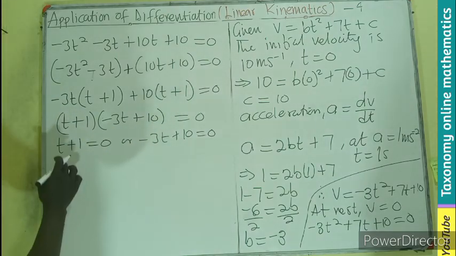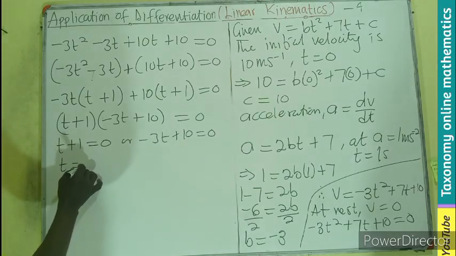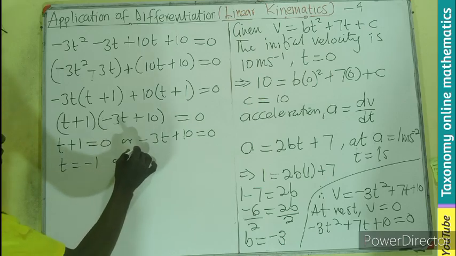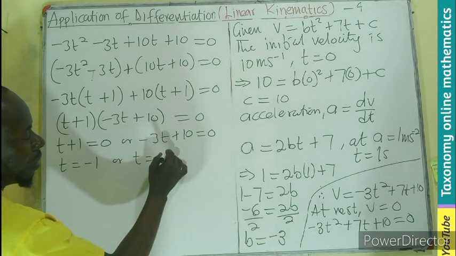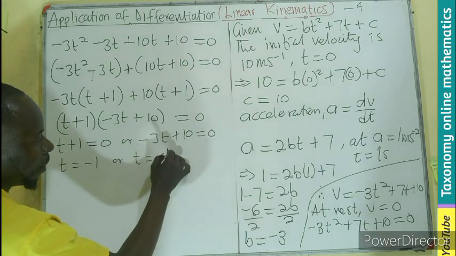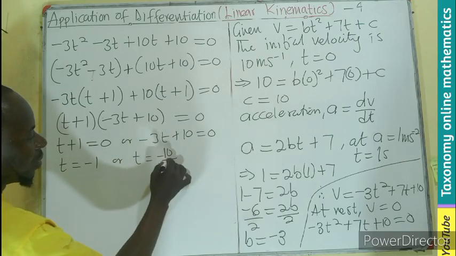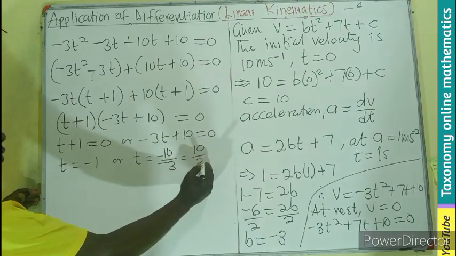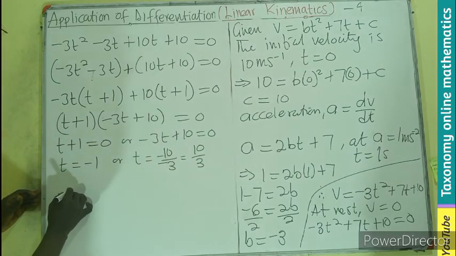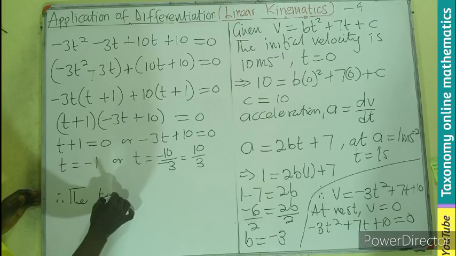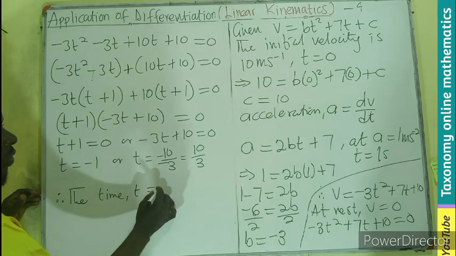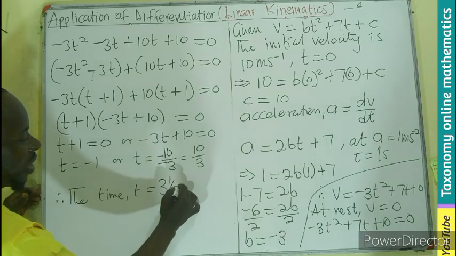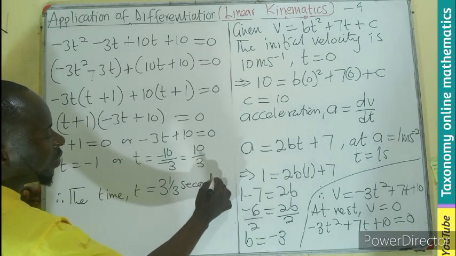So this product simply means t plus 1 is 0 or minus 3t plus 10 equals 0. Transposing, we get t to be minus 1, or t equals minus 10 divided by minus 3, which gives 10 divided by 3. So therefore, the time t is going to be 3 and 1 over 3 seconds.